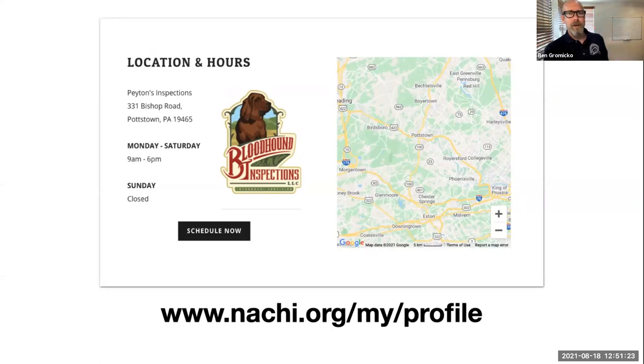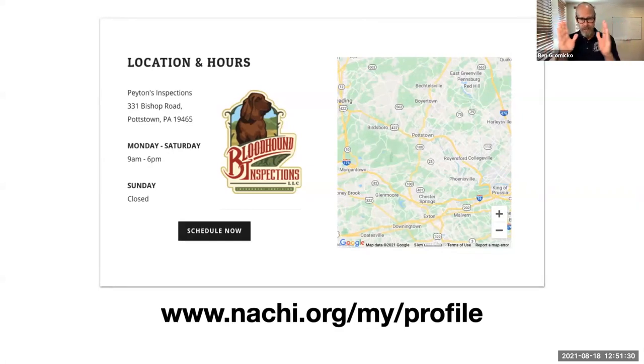And also, Google allows you to embed a map of your area, and you can focus in. Maybe you only go 10 miles away from your home office, or you can focus out. Maybe you go to different states. You probably have no idea where Pottstown is, right? It's in Pennsylvania.